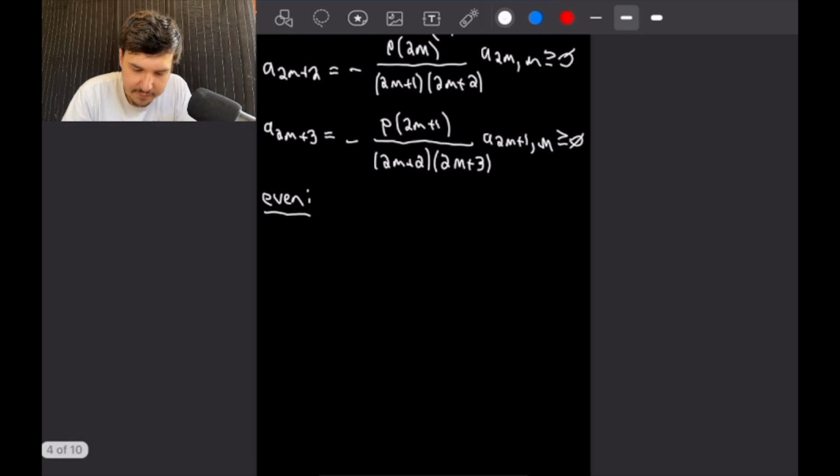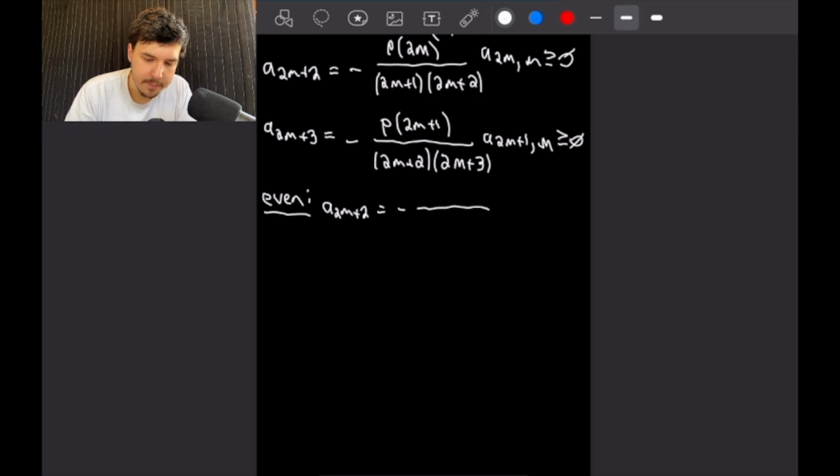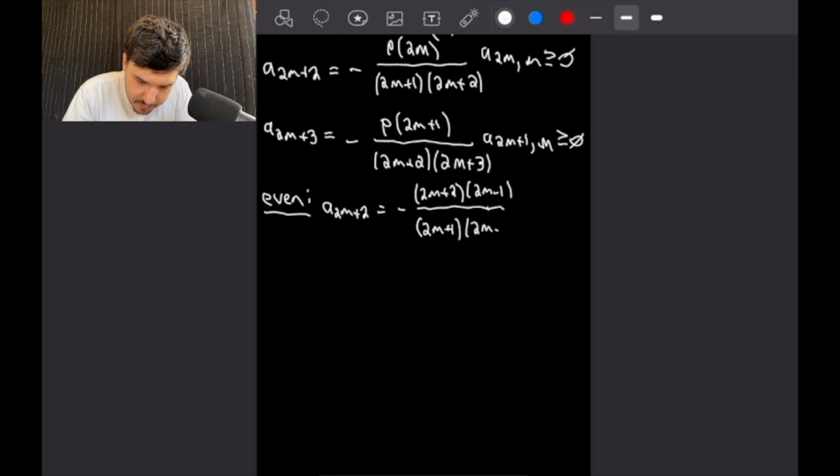So that will be p of 2m. So I have that negative out front. So a sub 2m plus 2 is equal to negative. Our p of 2m will just be replacing our n's with m's, and if you recall, our p of n was n plus 2 times n minus 1, so that means our p of 2m will be 2m plus 2 times 2m minus 1, and that'll all be over 2m plus 1 times 2m plus 2.